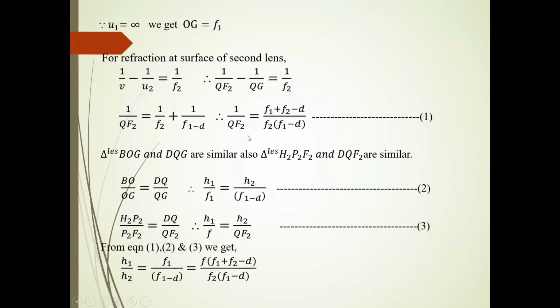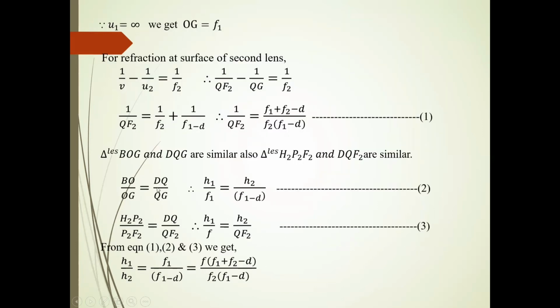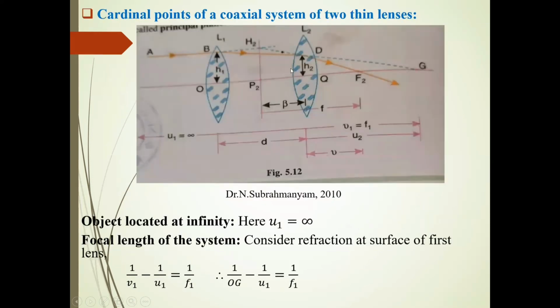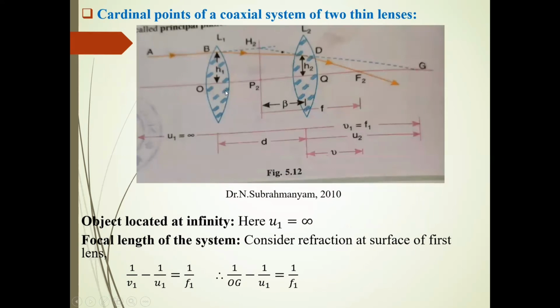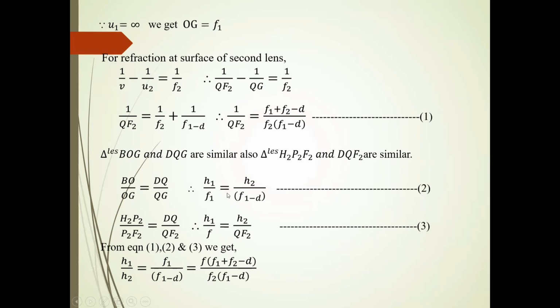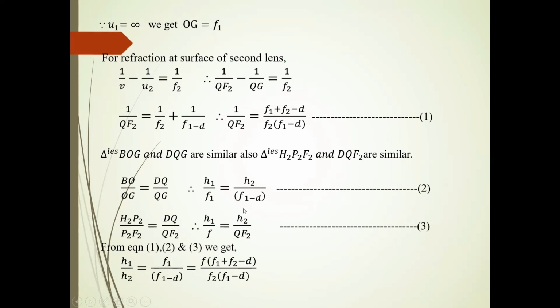So we can write BO upon OG is equal to DQ upon QG. Because BO is H1, H1 upon F1 is equal to H2 upon (F1 minus D). Second.